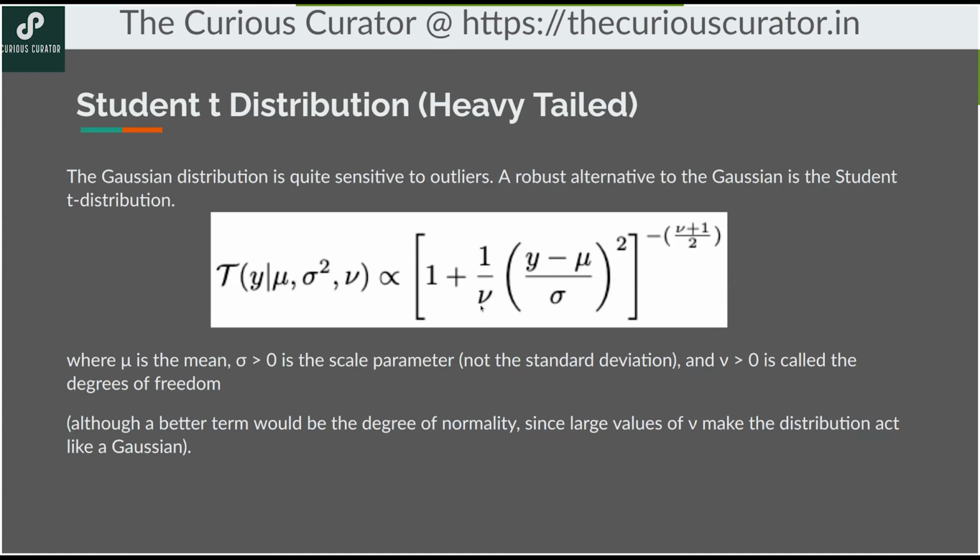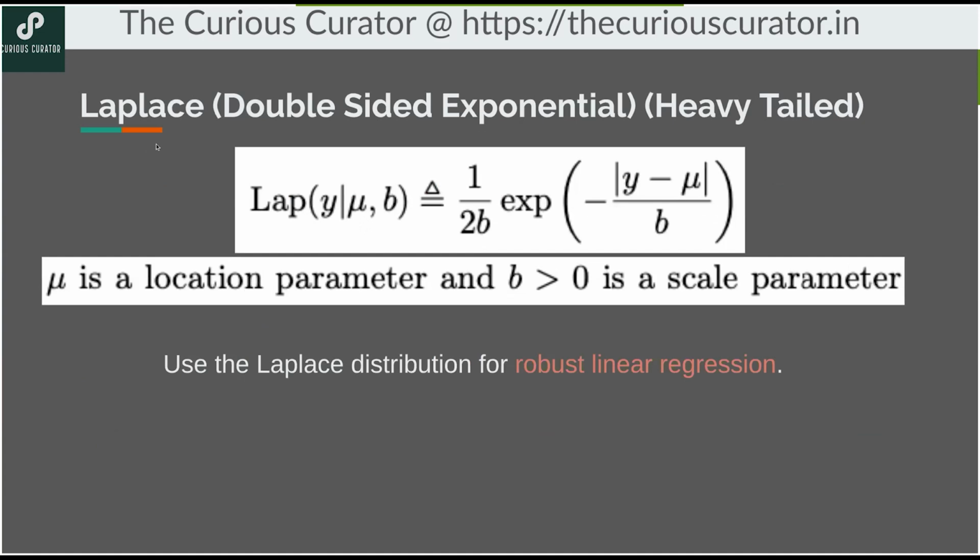So this v, as you increase it higher and higher, it becomes more and more normal. That's how you can control how normal it is. For example, v equal to infinity will be exactly normal. Not 100% sure, but I think so. The next one is also heavy tailed. This is called a Laplace distribution.